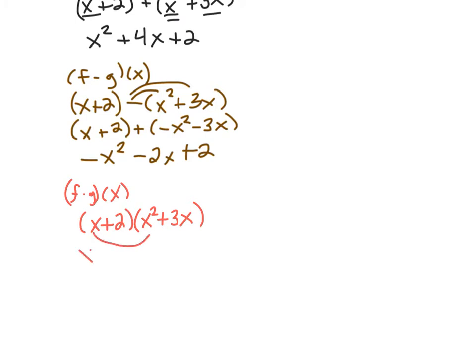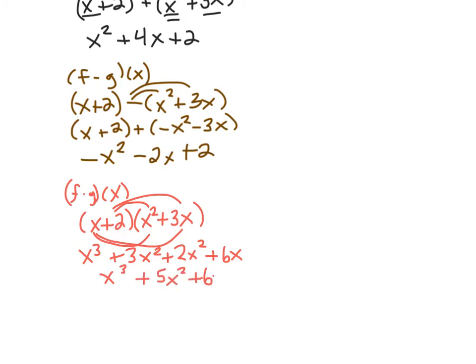So x times x squared is x cubed, x times 3x is 3x squared, 2 times x squared is 2x squared, and then 2 times 3x is 6x. Now the two in the middle will combine, so that's x cubed plus 5x squared plus 6x. So again, none of this is really new material, just kind of a review of algebra.